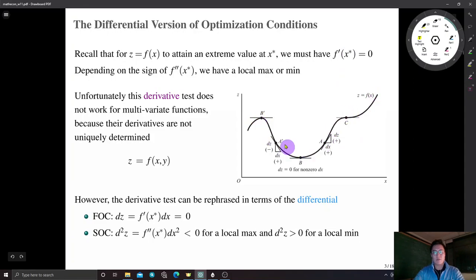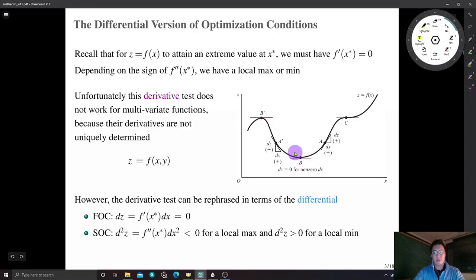We have the graph of one arbitrary function, and this function has a local max at point b prime, where the slope of the tangent line is equal to 0, and a local min at point b. So the tangent line is horizontal, and the derivative must be 0 at these two extreme values.